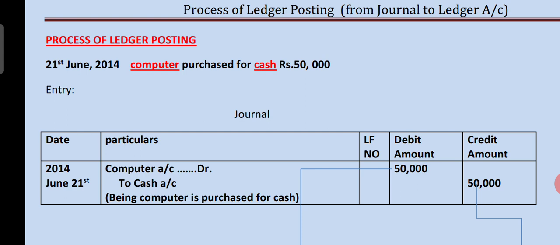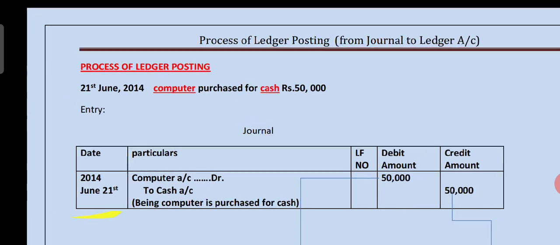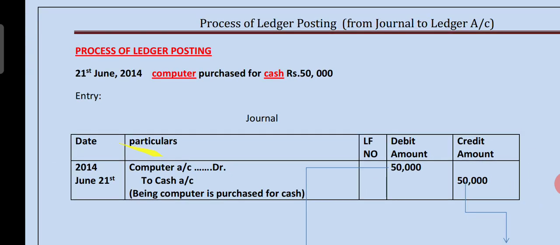Once again I will repeat it to make you better understand the procedure, how we are going to post the journal information into ledger. See here, we know every business transaction will have two aspects.